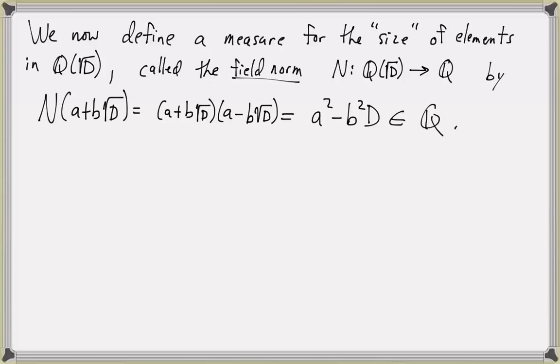So we're actually going to use this field norm to find the units of these quadratic fields. So let's look at the field norm again for when D is -1.